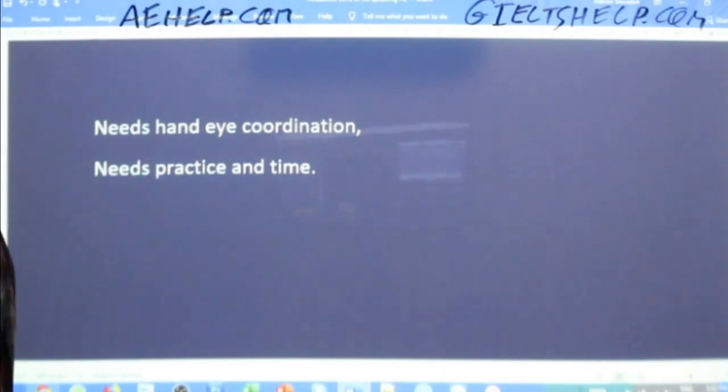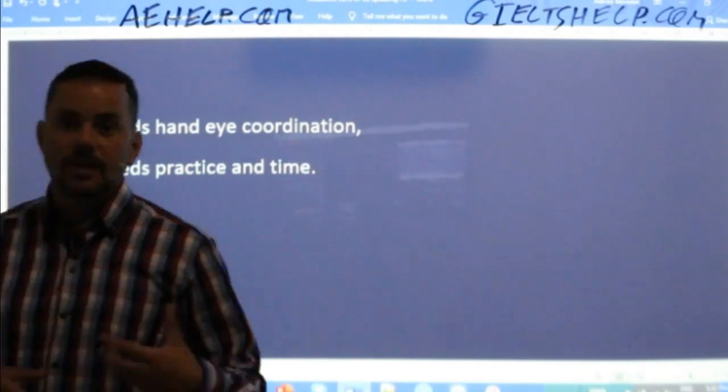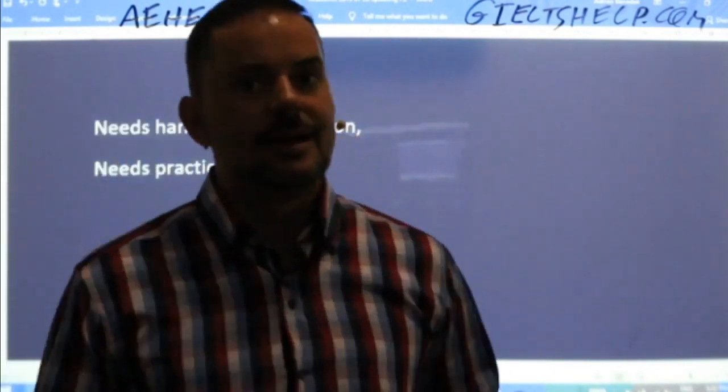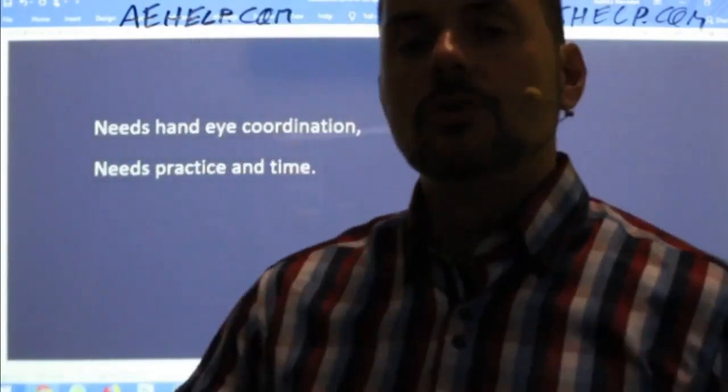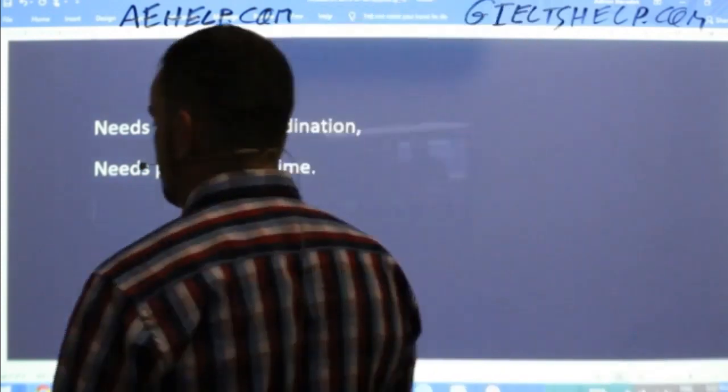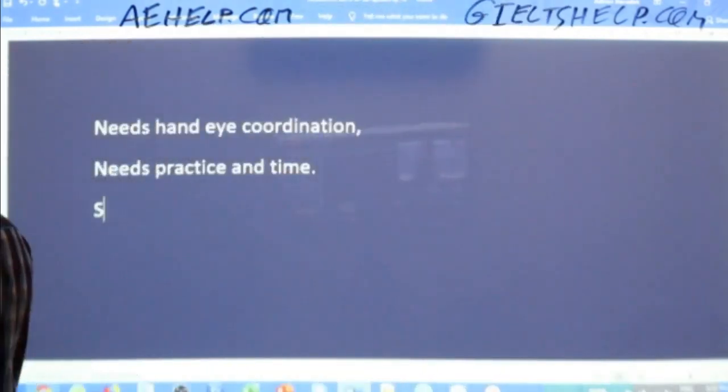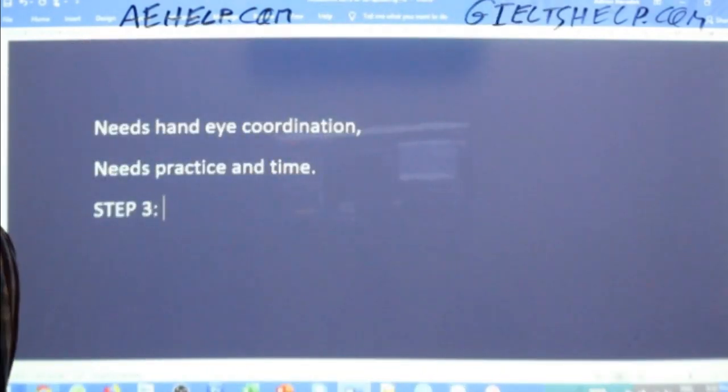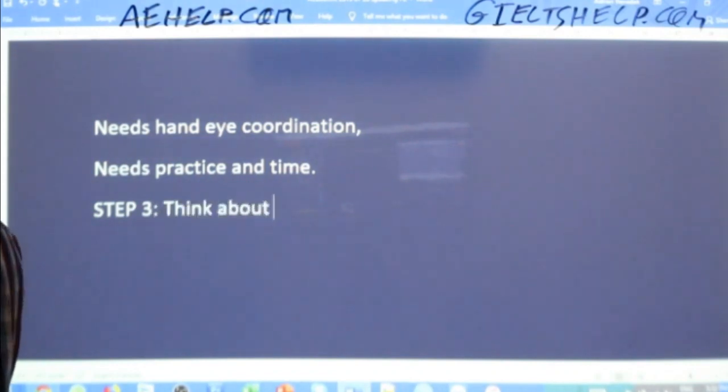Always think about your first sentence that you're going to say. So when the examiner says, okay, your 1 minute preparation time is up, right away you can start speaking. So let's come up with our first sentence. That's your third step for today.